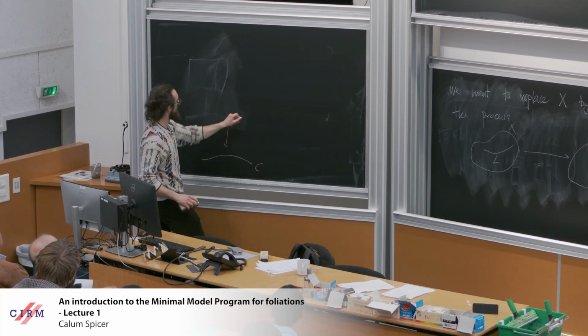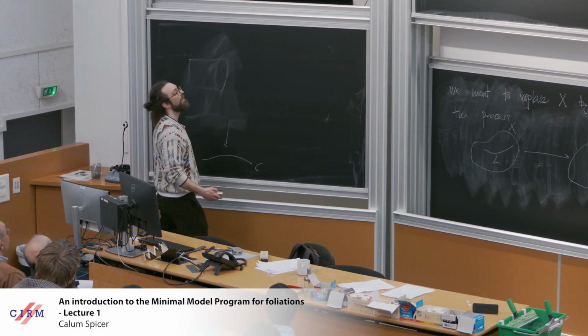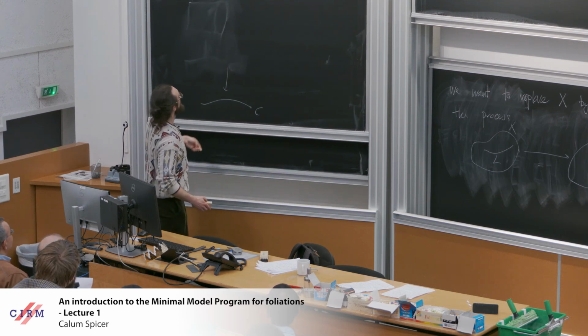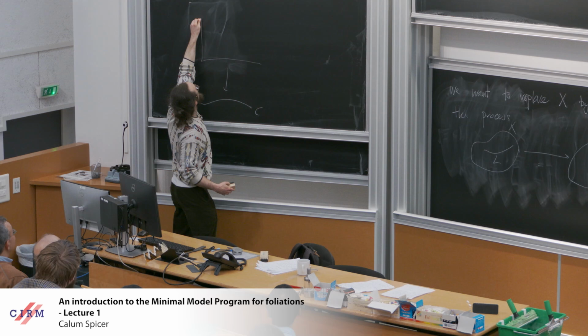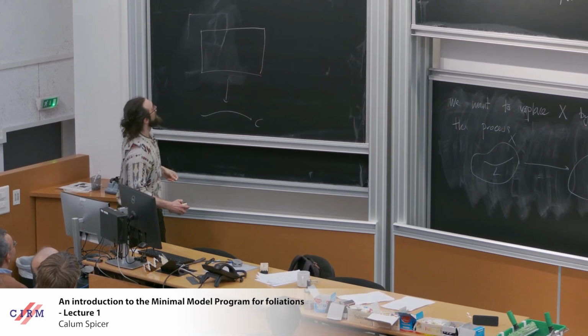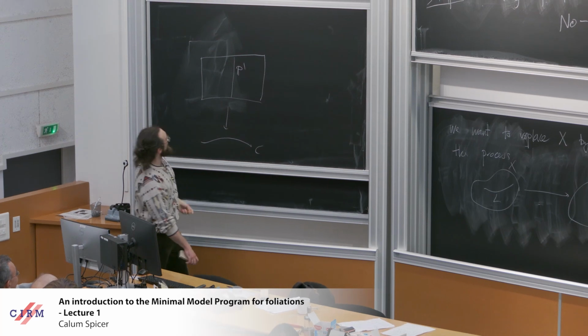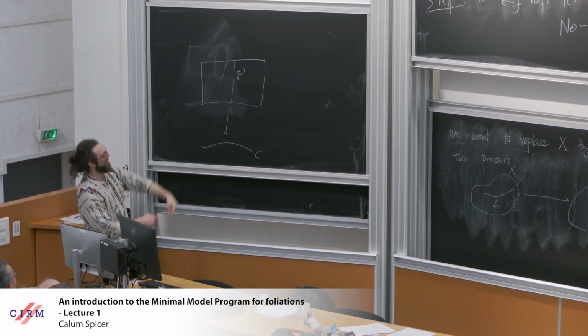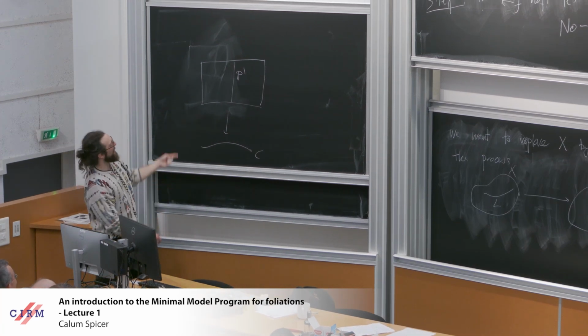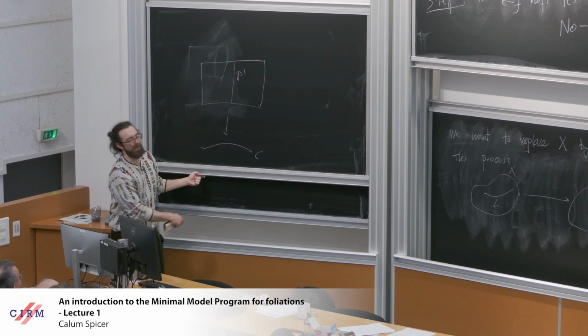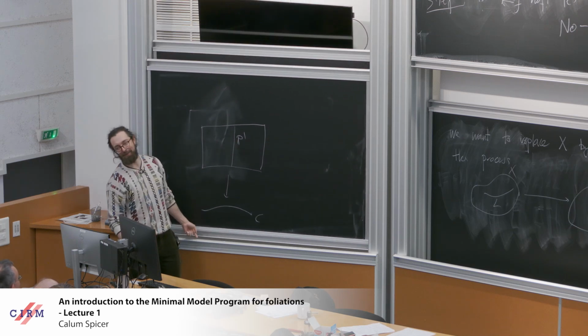Here's C. I need to be a bit taller here for this, but okay. So here's our P1 bundle, and let's blow up a point on the P1 bundle. So I'll bring this down, draw my picture.